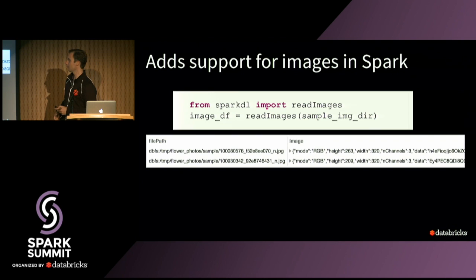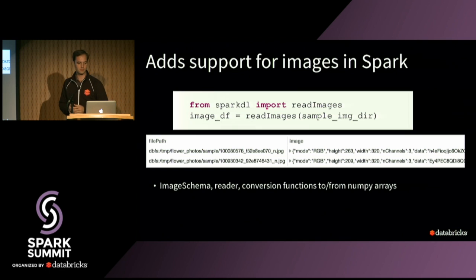If you look at the content after that, each of the images is loaded as a set of pixels, along with other extra information that can then be used by the deep learning libraries or other image processing libraries. This library also includes some facilities to express and manipulate images.